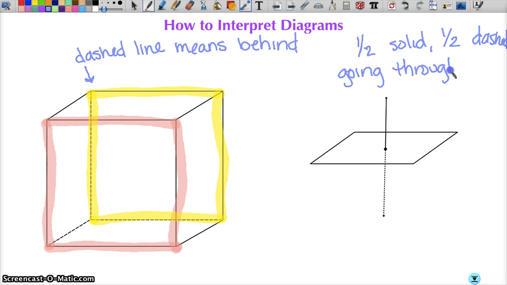So it isn't on it, but it's kind of like if you were to take a piece of paper and stick a pencil through it. That would be the plane, the paper, and then the pencil would be your line. And so this part, the dotted part down here, is underneath. So that's how you would read that one, that's down here. And then this right here is where they intersect. So that's how you would read those. So make sure you have all of that down.